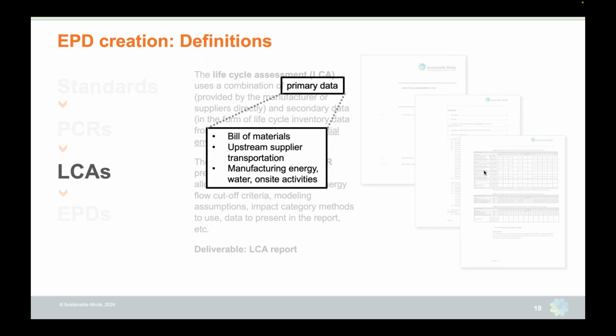So that manufacturer data includes things like the bill of materials for the product being analyzed, the transportation distances from their upstream suppliers, and all of the materials and energy associated with the manufacturing process at the plant level.